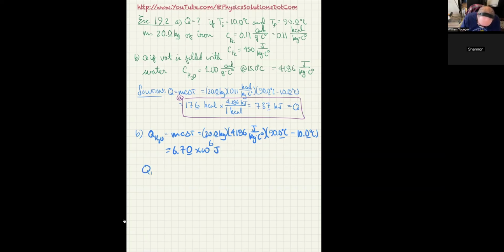So the total would be, actually 736. So 737 is roughly what it rounds to. 737 times 10 to the third plus 6.70 times 10 to the third gives me 7.43 times 10 to the fifth joules.